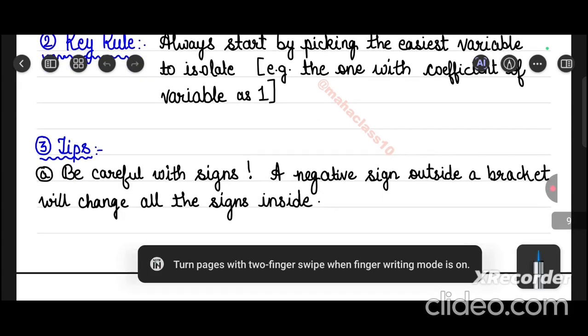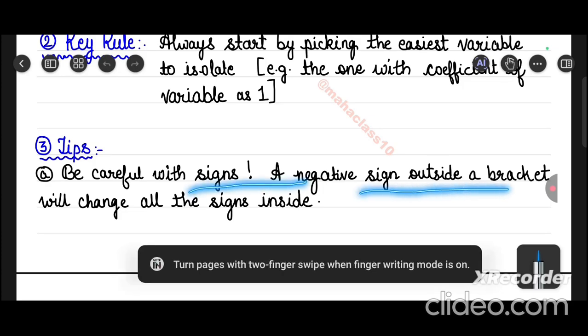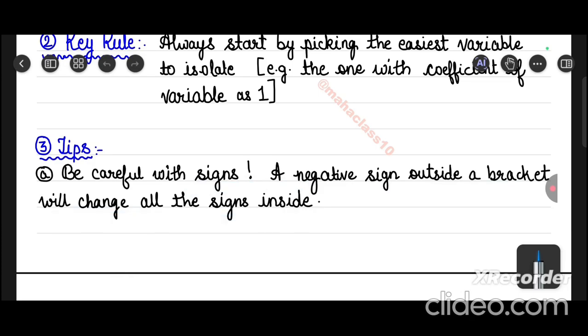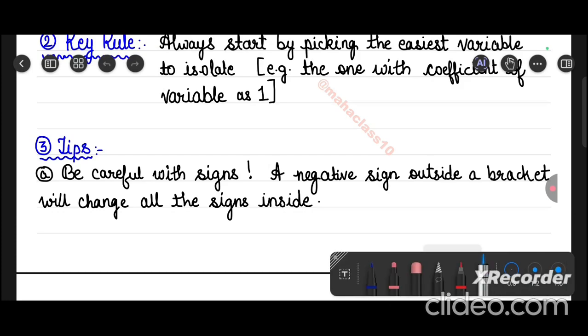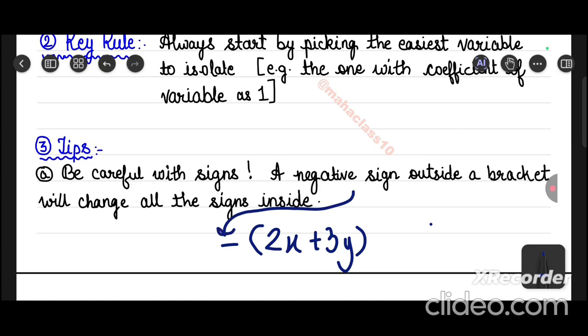Now, certain tips: be careful with signs. A negative sign outside a bracket will change all the signs inside. We have to be careful while solving the sums. We cannot be careless, because if we have minus 2x plus 3y, when a negative sign is outside the bracket, the answers will change quite drastically.